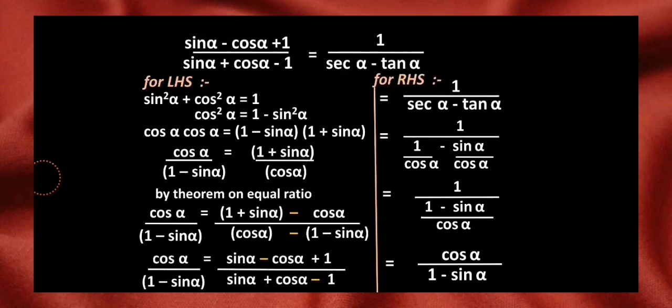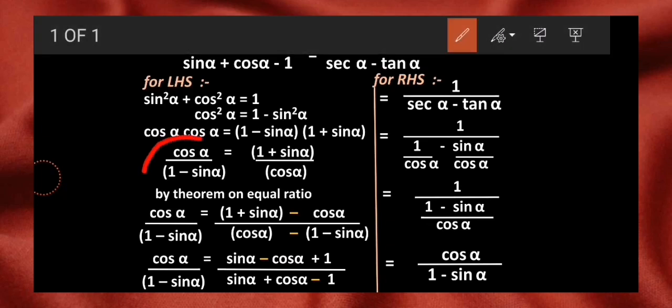So as a result, we have cos alpha equals the left term, the LHS of this theorem on equal ratio will be written the same term, right? And this is also important, as we require, if you observe this RHS, correct, same term you have to write as a LHS of theorem on equal ratio. That is also the important part that you should not forget.